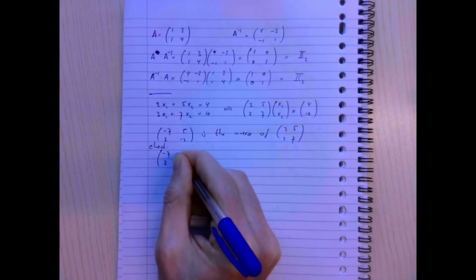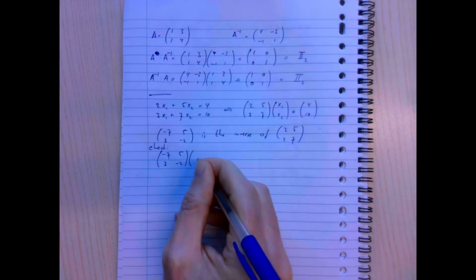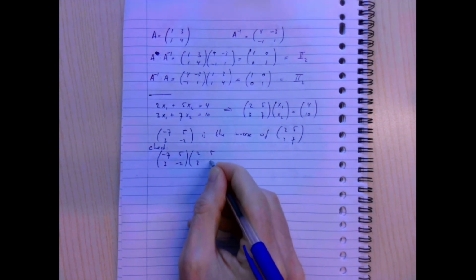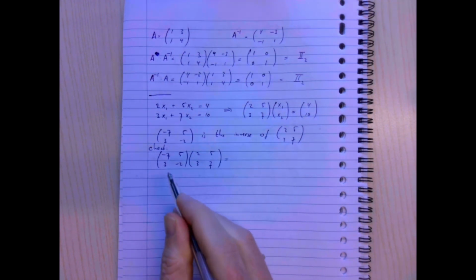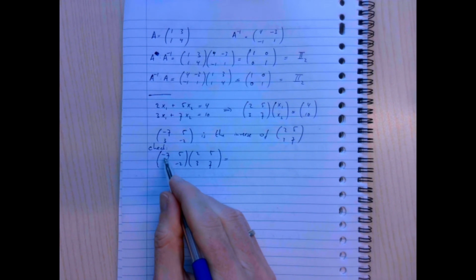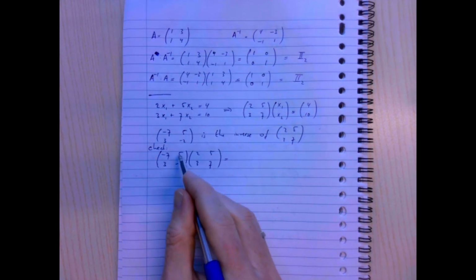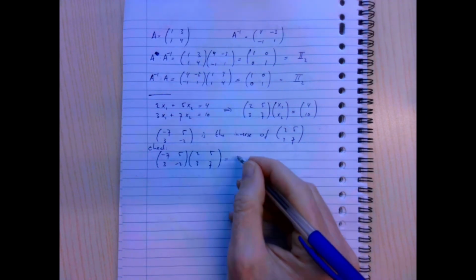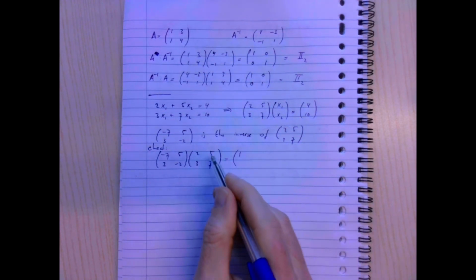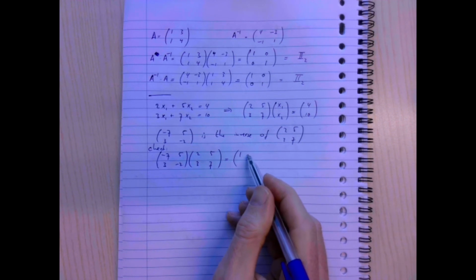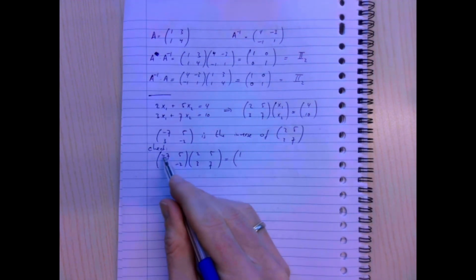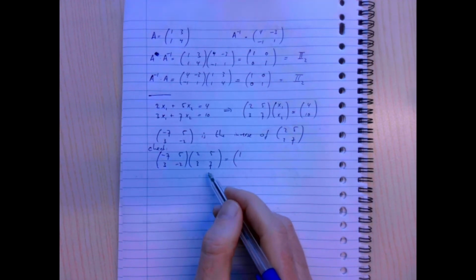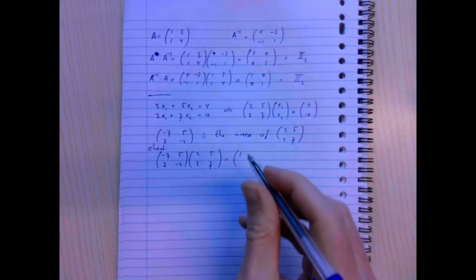I'm going to multiply this inverse matrix with the matrix that I started out with and see what it works out to. Minus 7 times 2, that's minus 14, plus 5 times 3, that's plus 15. Minus 14 plus 15, that's 1. Top right-hand corner, minus 7 times 5 plus 5 times 7, that's minus 35 plus 35, that's 0.